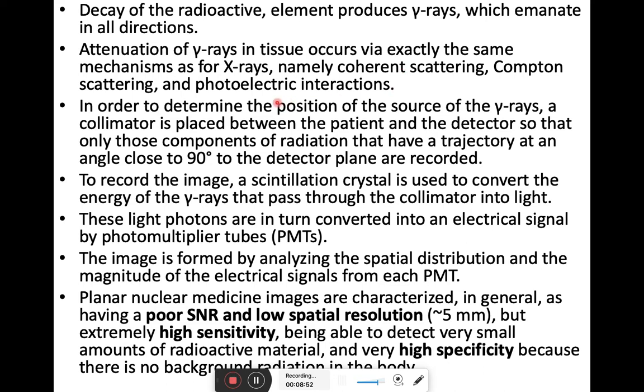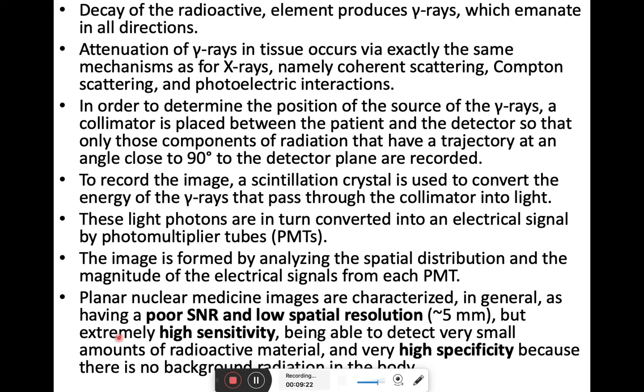So basically it is the same tissue interactions, like in X-ray. In order to determine the position of the source of the gamma rays, the collimator will be placed between the patient and the detector, so that only those components of radiation that have a trajectory at an angle close to 90 degrees to the detector plane are recorded.